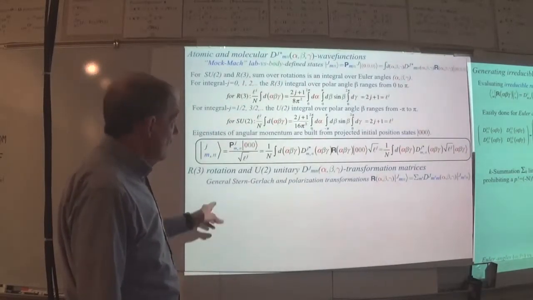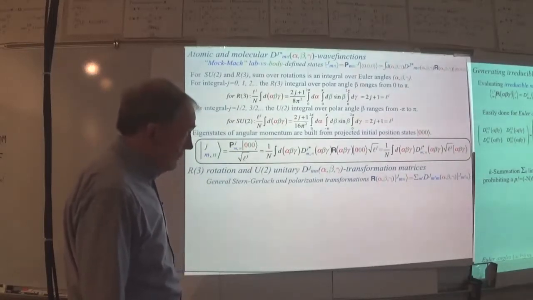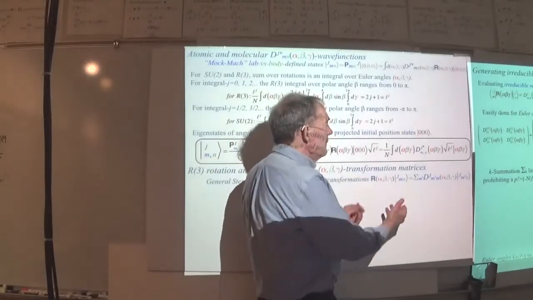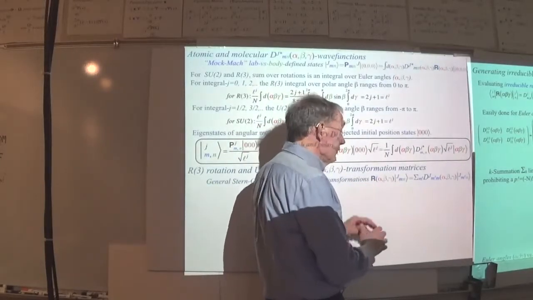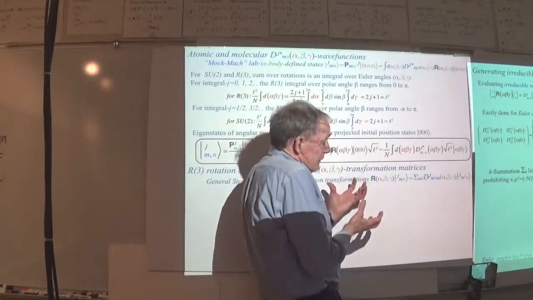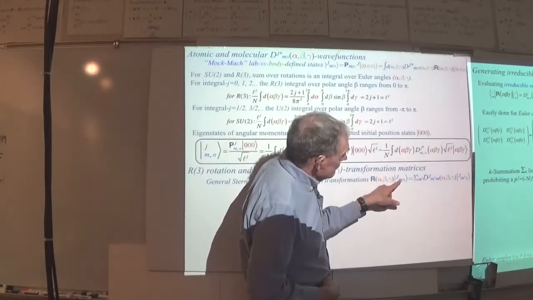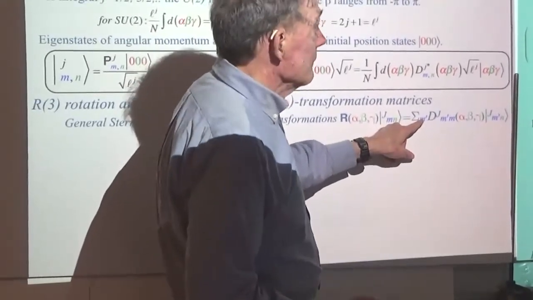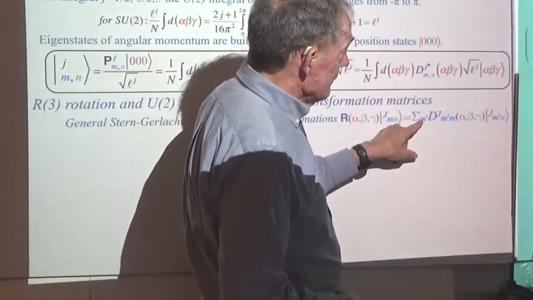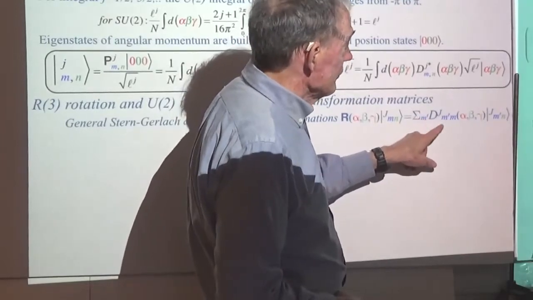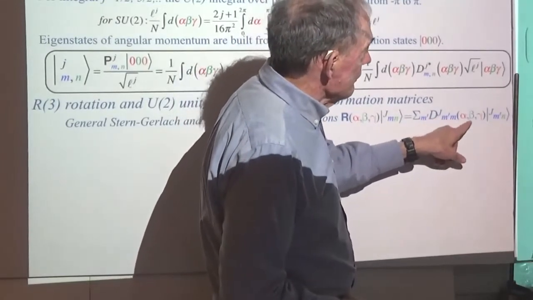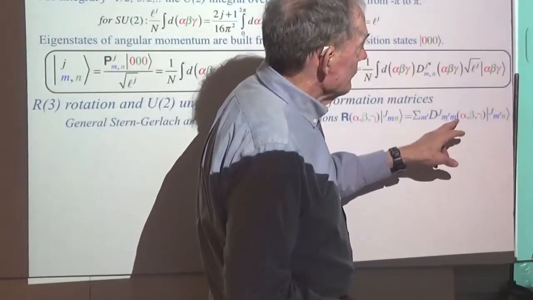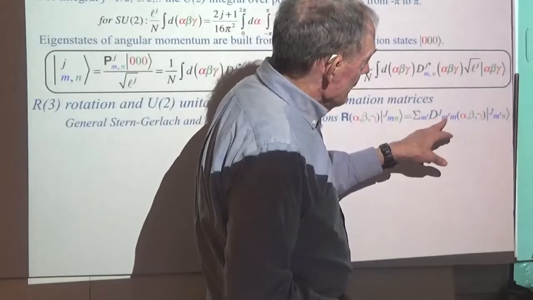So, the first thing I want to look at is a transformation matrix. Now, I'm going to apply an R to this crazy state. This is an R that lives in the laboratory, so it's only going to affect that M. And there's going to be a sum over that M prime, from j to minus j. That's 2j plus 1 terms in this sum, with each of these different functions, alpha, beta, and gamma, that are indexed by the M prime.